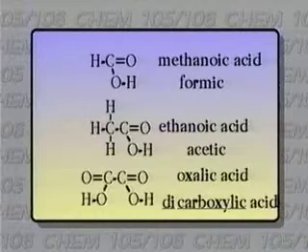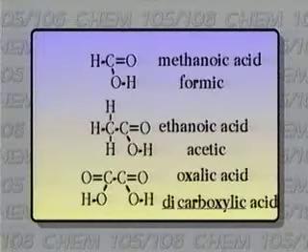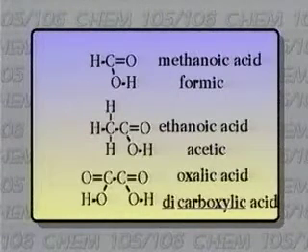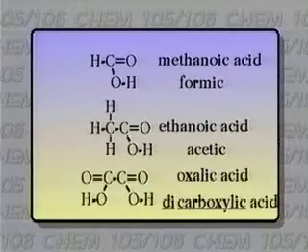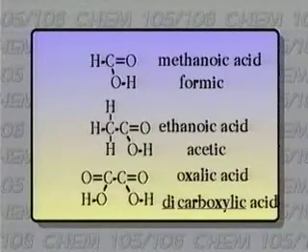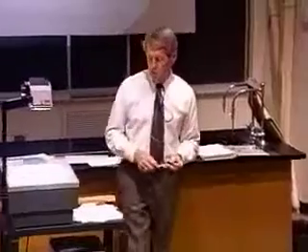Oxalic acid is fairly poisonous. It's found in the rhubarb family of plants. As a matter of fact, the leaves of rhubarb contain an appreciable amount of oxalic acid.